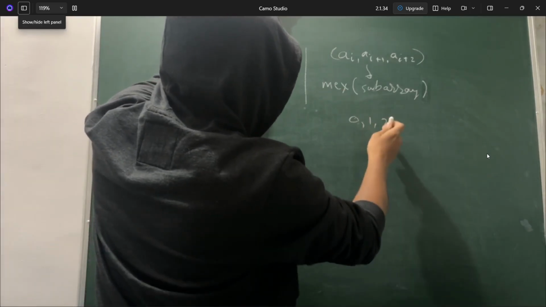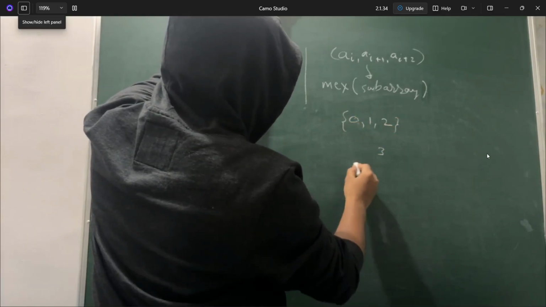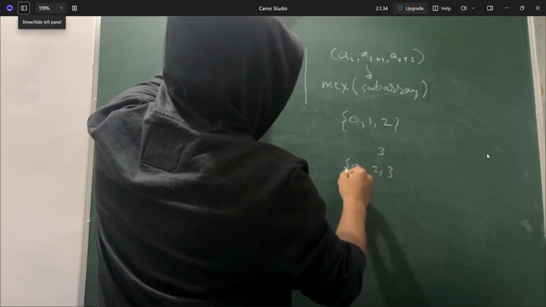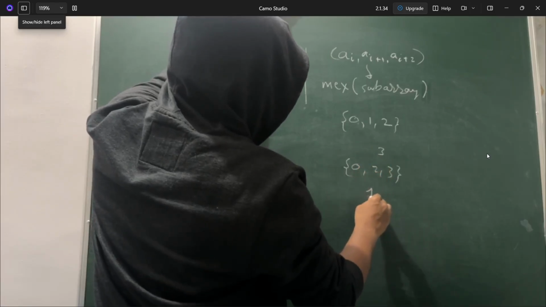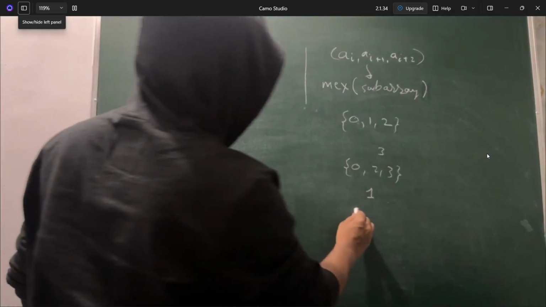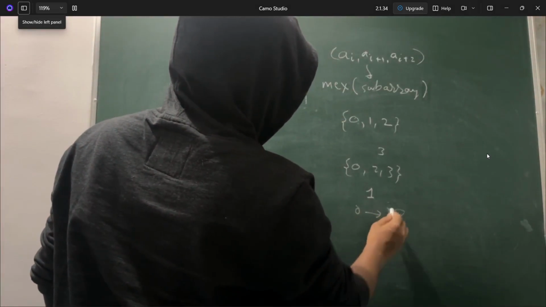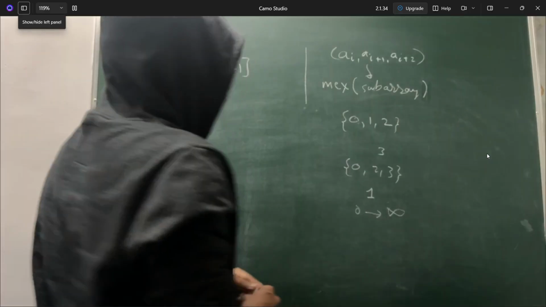The next number among these is 3. Now if you consider 1, 2 and 3, we have 0 missing, so the mex is 0. Let's say 0, 2, 3: we have 0, but 1 we don't have, so mex is 1, basically. So it is the number starting from 0 till infinity which is not in the subarray we are considering. That is basically the mex operation.